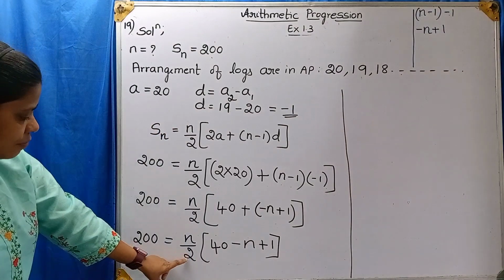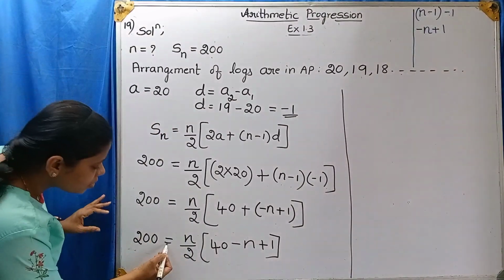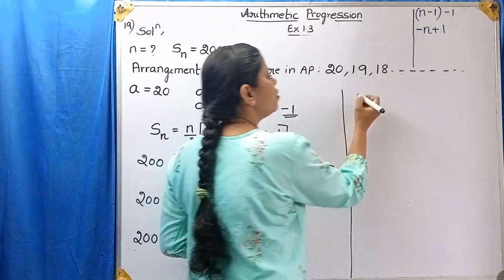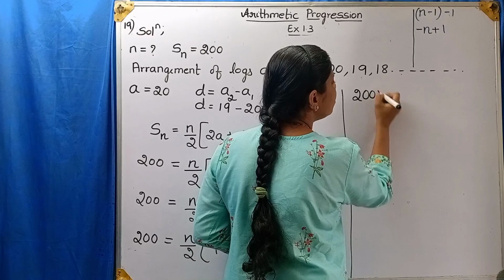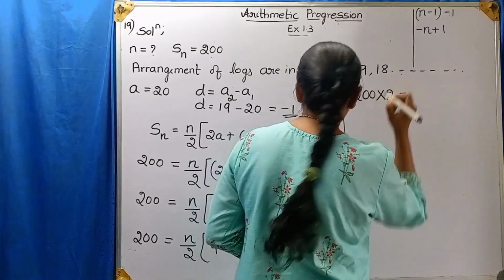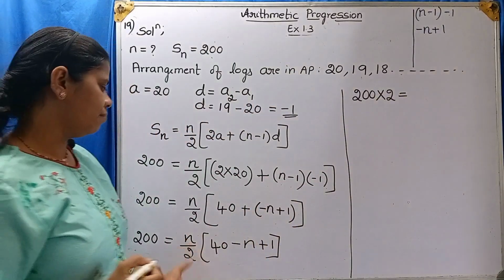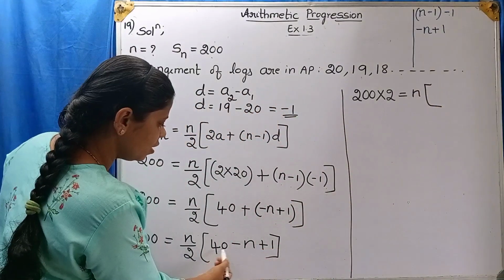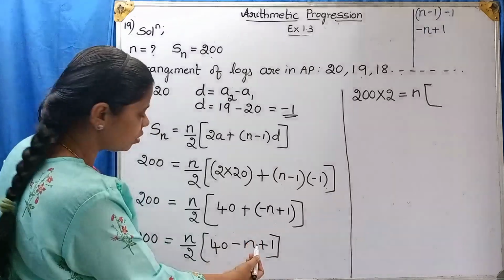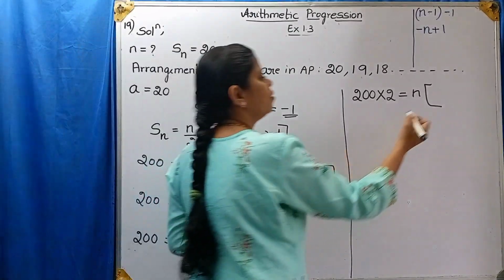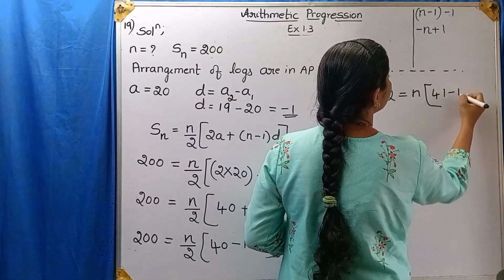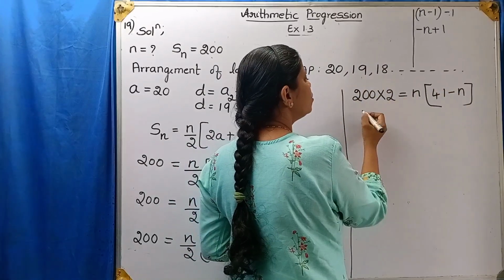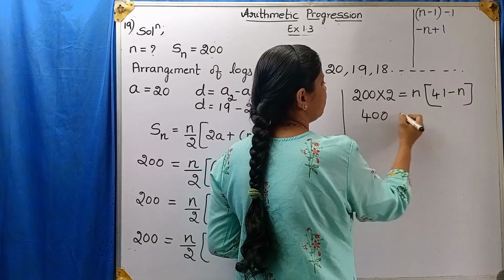200, this divided by 2. When it crosses this equal to sign, it will become multiplication. Therefore, I will write it as 200 into 2 is equal to n. Here 40 plus 1 is 41 minus n. Okay? 200 into 2 is 400.